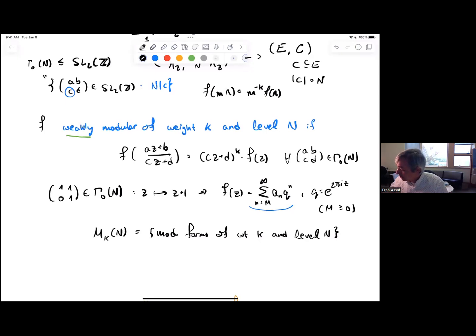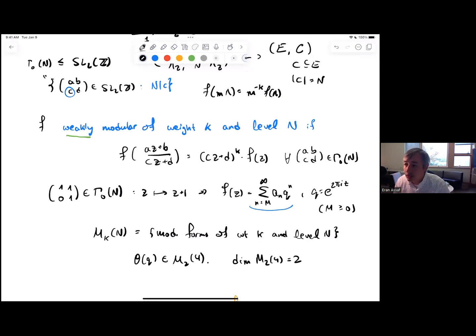And our point was that theta of Q was the Q expansion of a form in this space, the space of modular forms of weight 2 and level 4. And it's pretty straightforward to compute the dimension of the space.